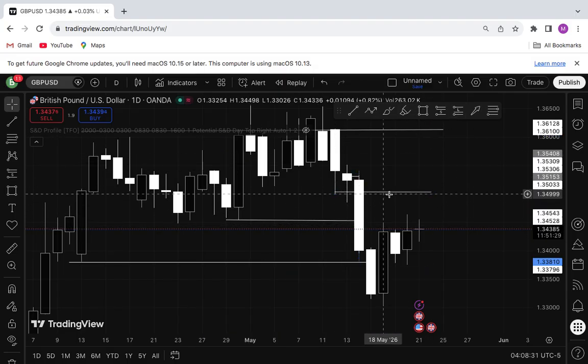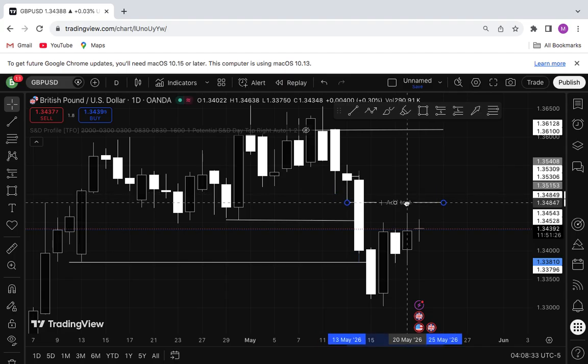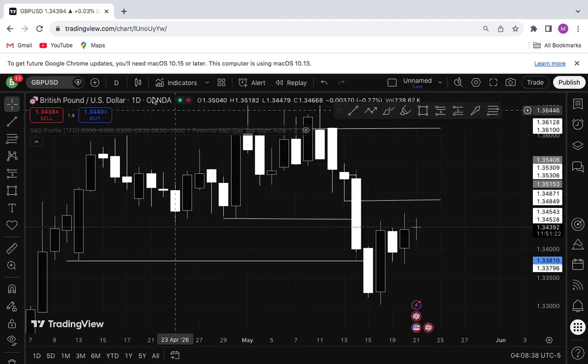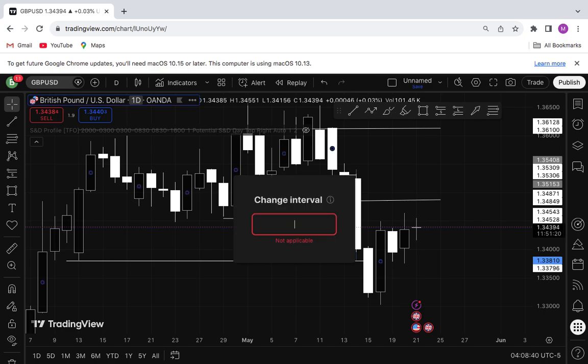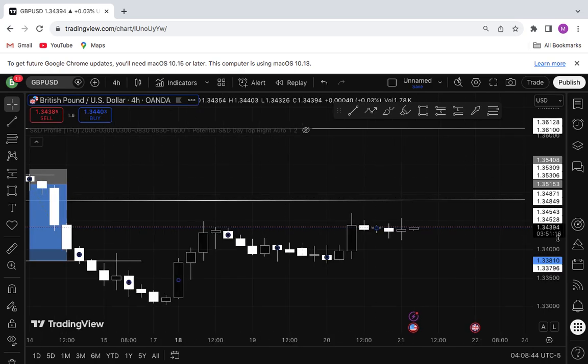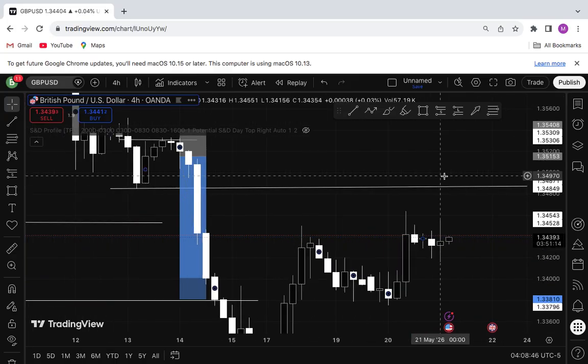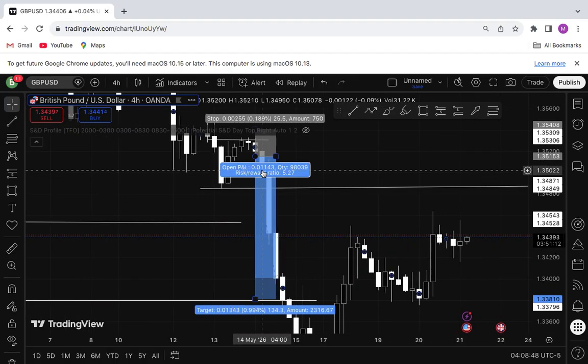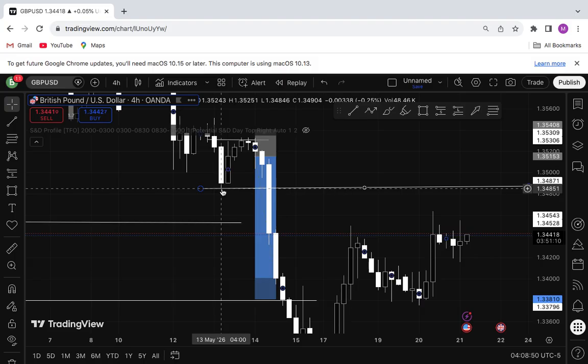So you can put here, waiting for price to react on that level. And if you go to the 4 hour time frame, that level is going to have a 4-hour key level, which is also a 4-hour fair value gap. As you see, we have this big 4-hour fair value gap, and we have this break of structure, which also acts as a breaker block.